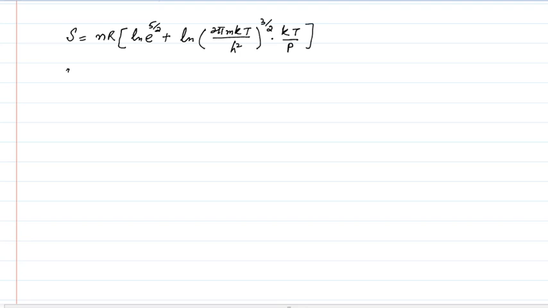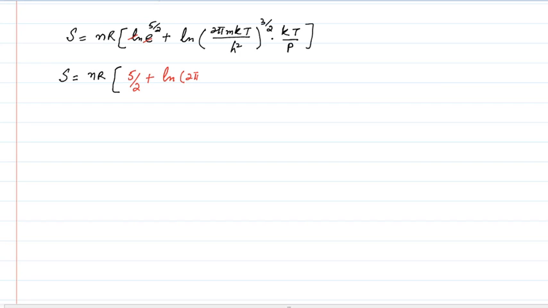This can be written as nR. We will simply say ln and e will go, and it will be simply 5 by 2 plus, and we give this ln back to these terms raised to the power 3 by 2.